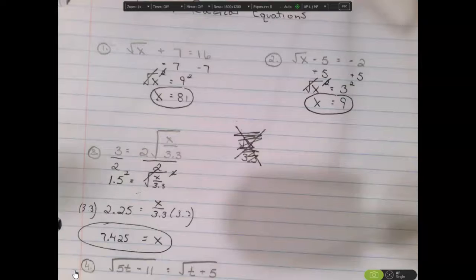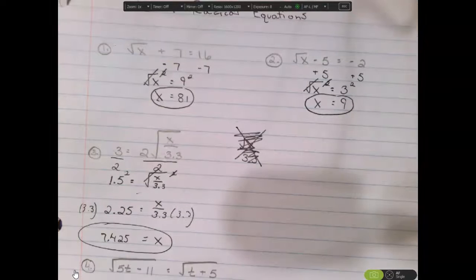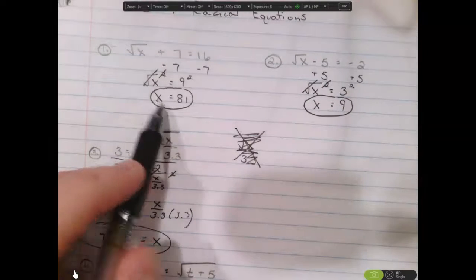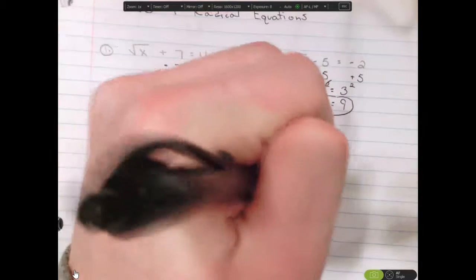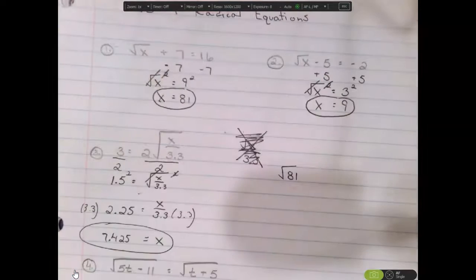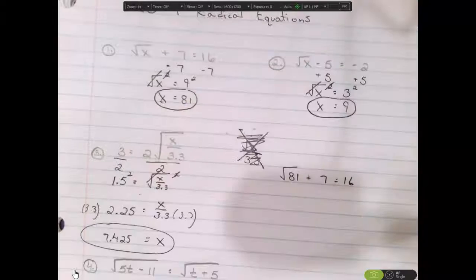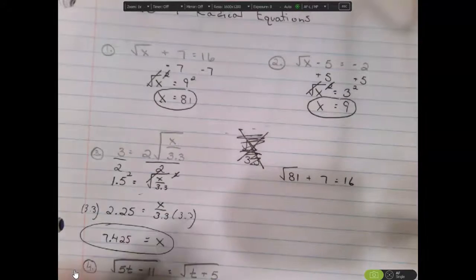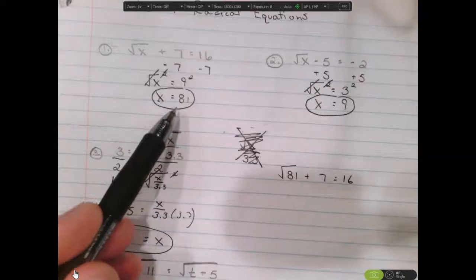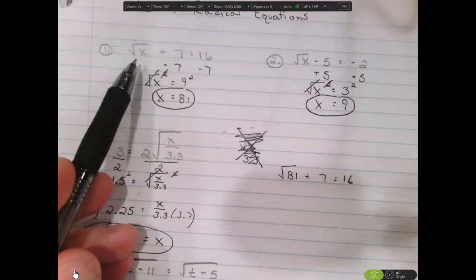Well, take what x is equal to, plug them in. I'm going to take number 1, for example. That one's going to be the easiest one to show you. If I take 81 and I plug it in for x, I'm looking at now the square root of 81 plus 7 equals 16. Again, I just took what I found x was equal to, and I put it where I saw an x.